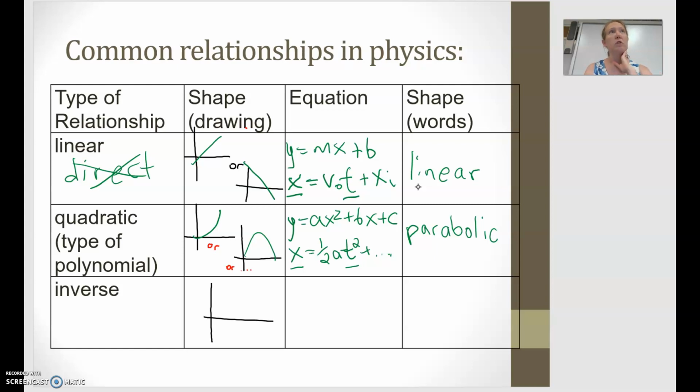This would be a situation when the function would approach an asymptote. As the x variable gets larger, the y variable approaches an asymptote. Usually we're talking about it approaching 0. Ooh, that looks horrible. Let me try that again.